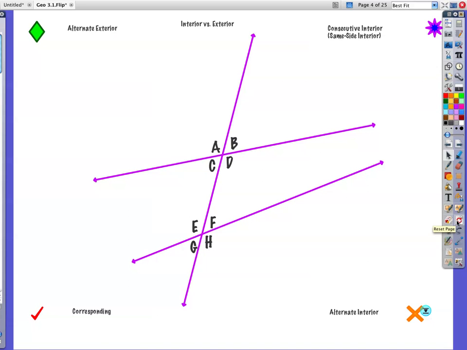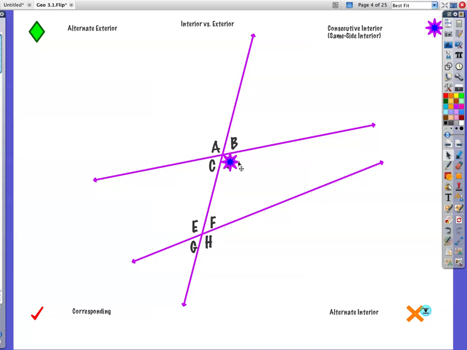All right, consecutive interior. When I was growing up, my teacher would always say same side interior. I like it better. It's got a nice little sing-song rhyme to it. But our textbook does consecutive interior. So I might accidentally call it same side interior, but I really mean consecutive interior. Here's what that means. Consecutive means like in a row. They have to be on the interior.